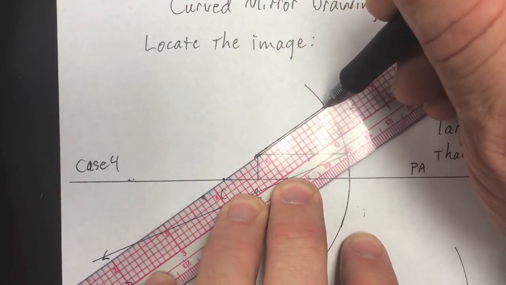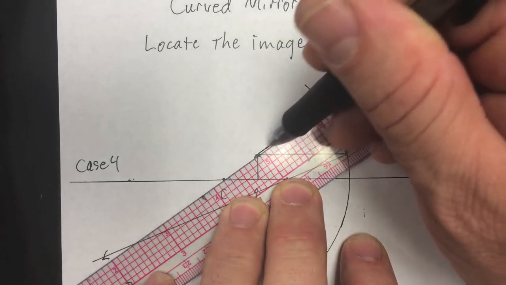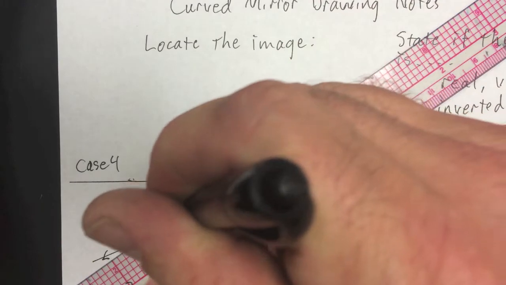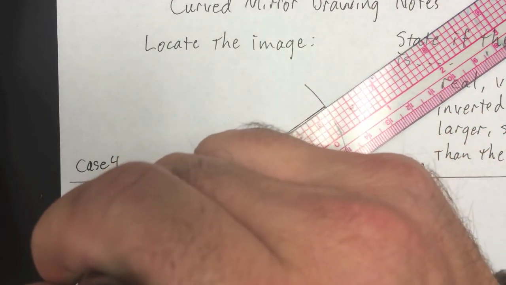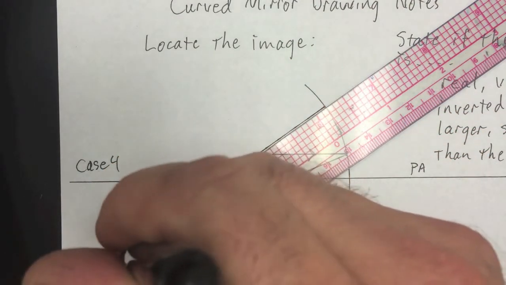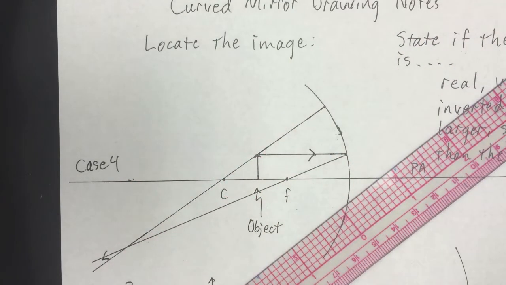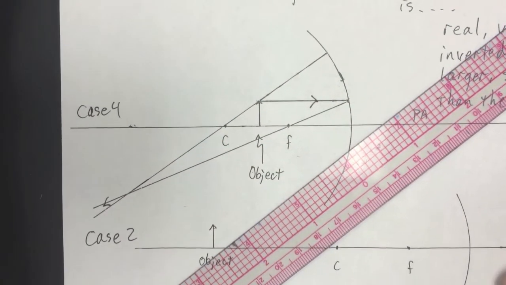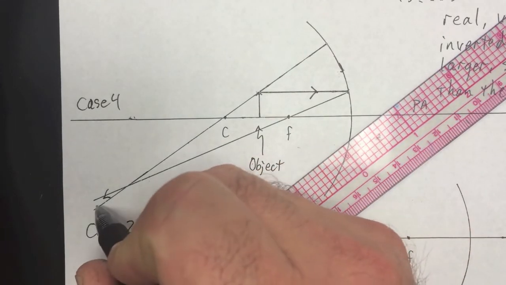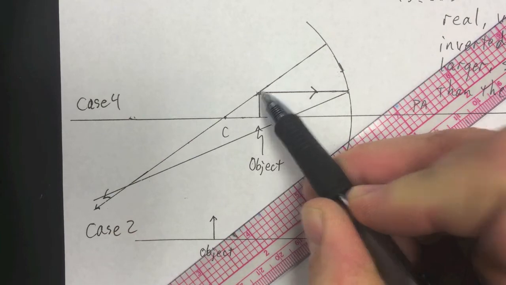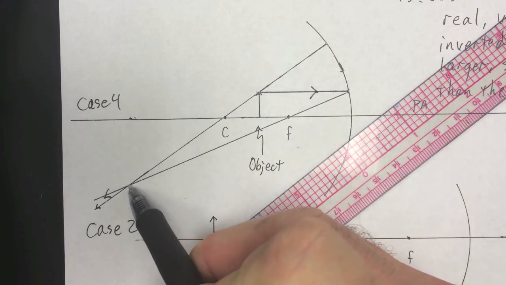It strikes the mirror and then bounces back through the center of curvature. I draw it all the way back, and it goes past that other light ray, and where they intersect is where the top of the image is going to be. This point right here is the object height I duplicated.